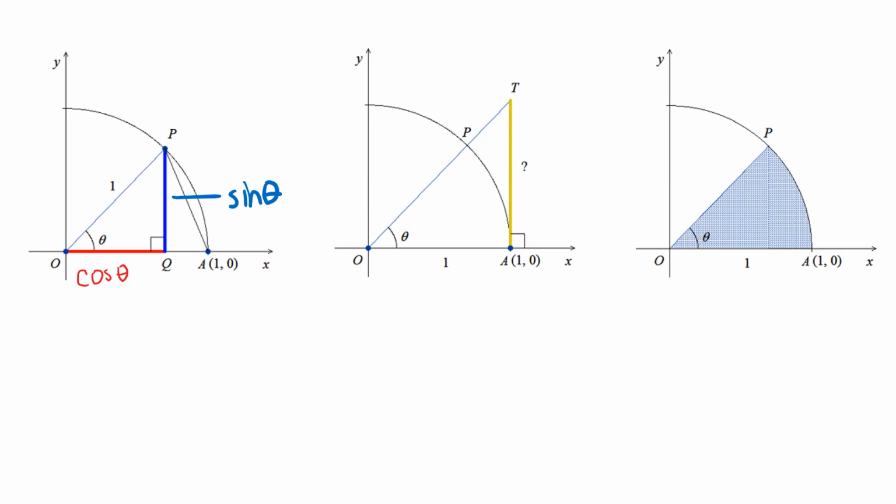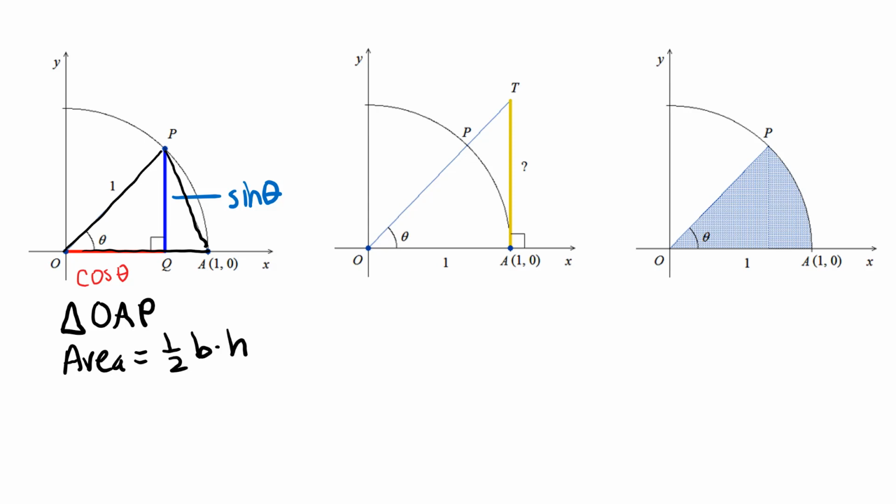And what we want to do in this first diagram is write down the area of the triangle. I'm going to use some geometry notation here. Triangle OAP. So there's a lot of points labeled here, but if we're going to find the area of triangle OAP, we're looking at this whole triangle here. We want to find the area of that triangle. So you might remember that the area of a triangle is 1/2 times base times height.